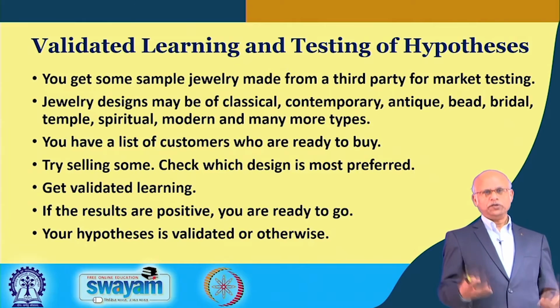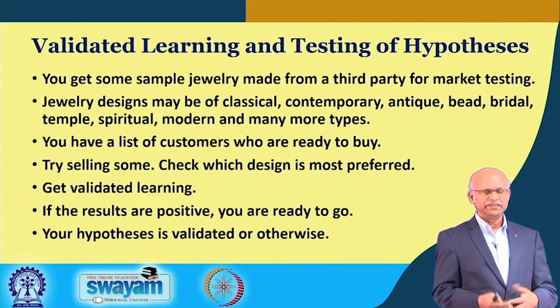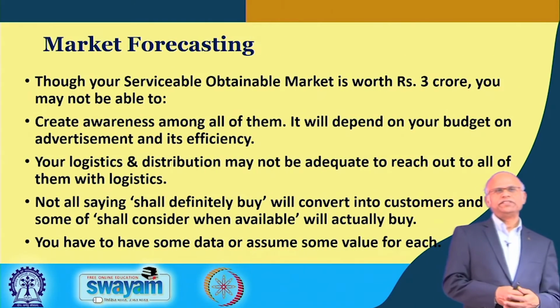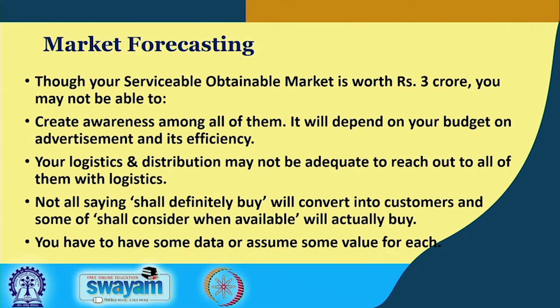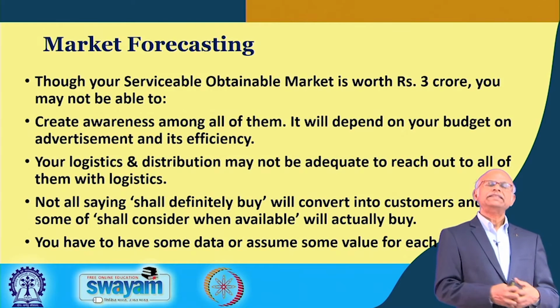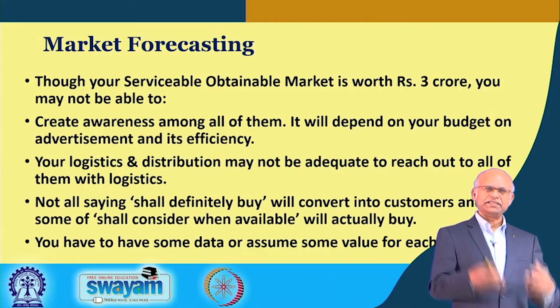If the results are positive, you are ready to go, and your hypothesis gets validated. If not, the hypothesis is not validated. Based on this validated learning and this real experimental data, you are now ready to make a forecast based on the data, of course.